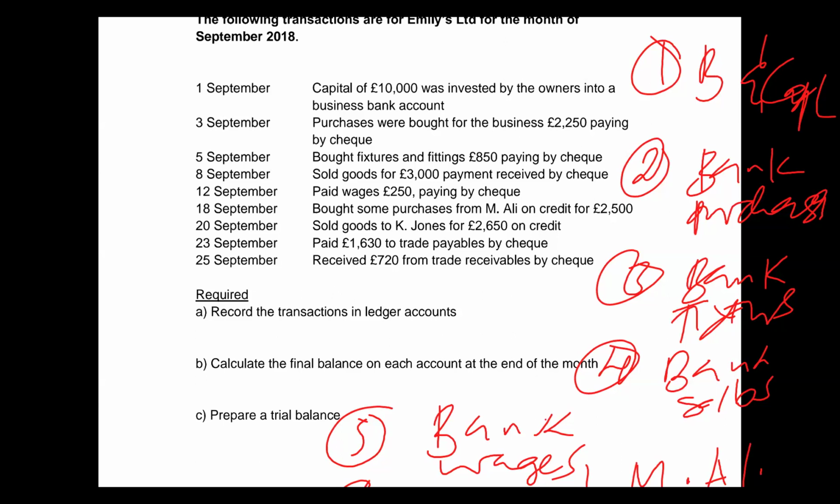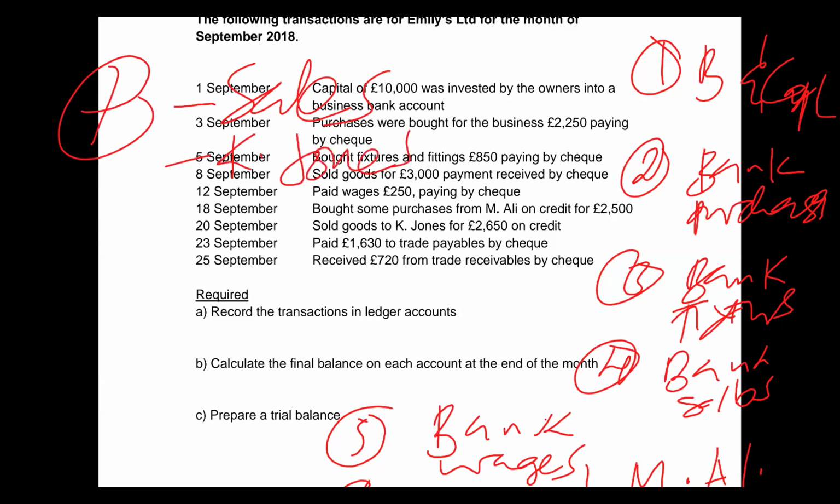Sold goods to K. Jones for 2,650 on credit. So there'll be sales and K. Jones. Okay, next transaction.